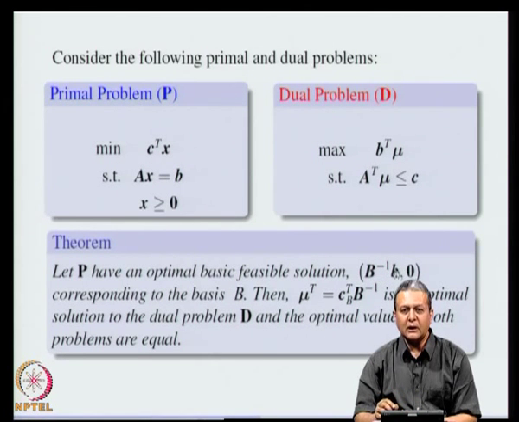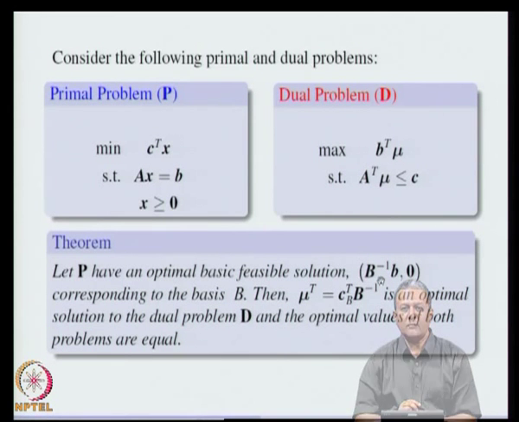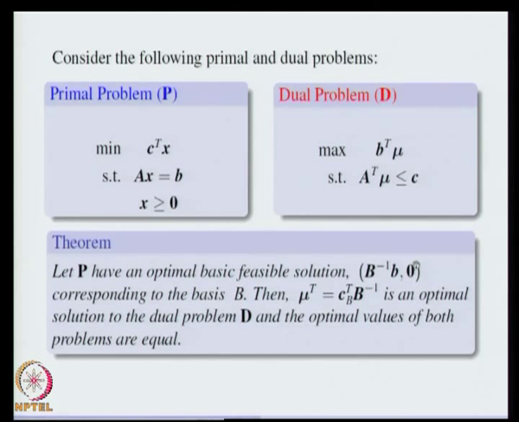So, B inverse b gives us the basic vector x_B at the optimal solution, and 0 denotes the non-basic vector, and this is associated with the basis B. Then the claim is that the vector mu whose transpose is c_B transpose B inverse is an optimal solution to the dual problem.